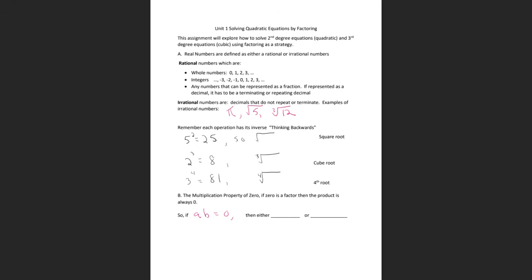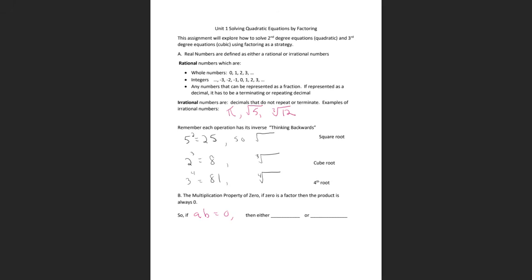Something else, with respect to these radicals, remember on your calculator, you'll see the plus sign, and above the plus sign will be the minus sign. Above the multiplication symbol, you'll see the division symbol. Above the x squared button, you should see this square root button. That's where that comes into play, because it's the inverse of squaring. So remember, 5 squared is 25.